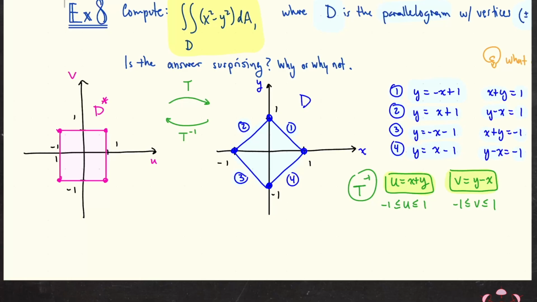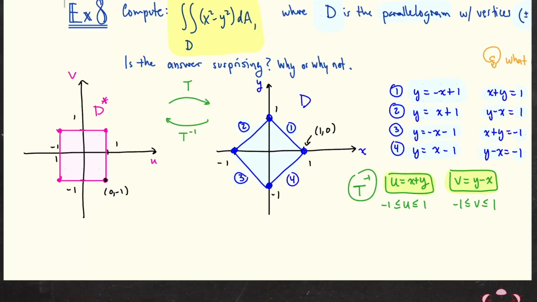Okay, let's check one of them. Plug that in to the function for u. I've got u equals 1. And plug in for v, I've got 0 for y and then -1. So I'm going to be here.